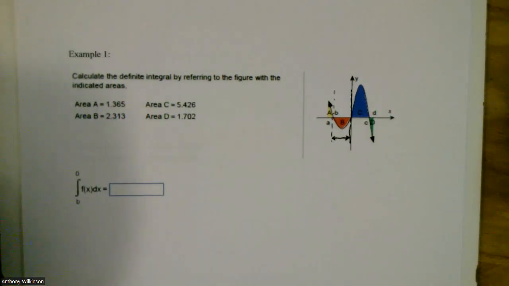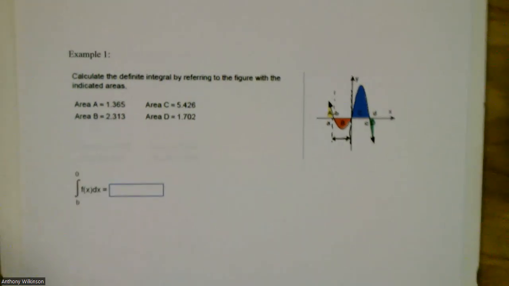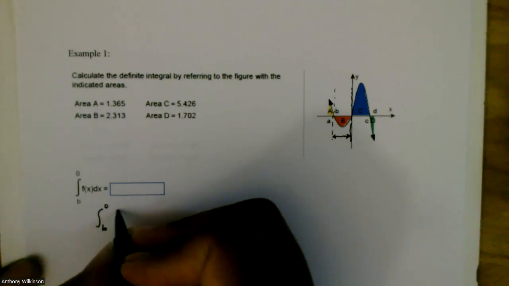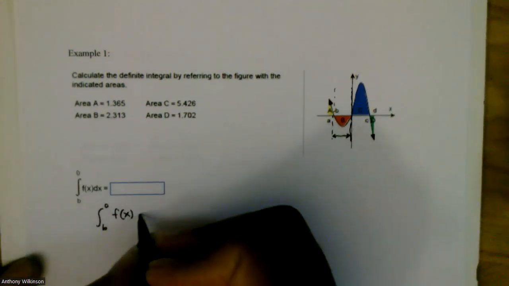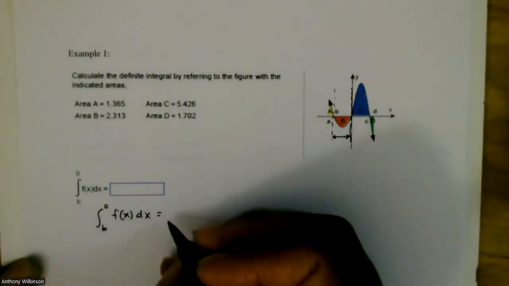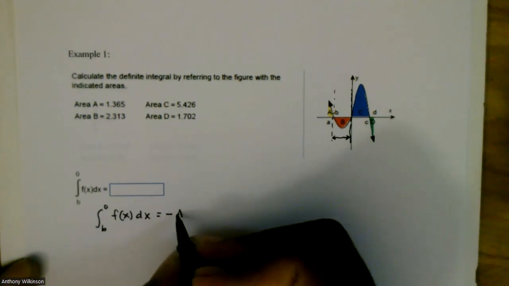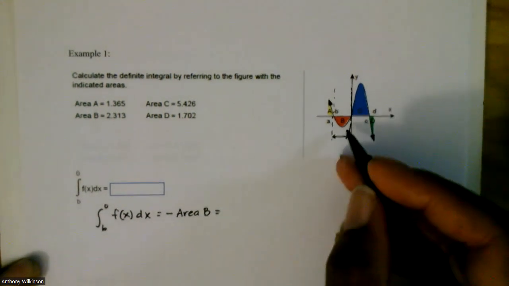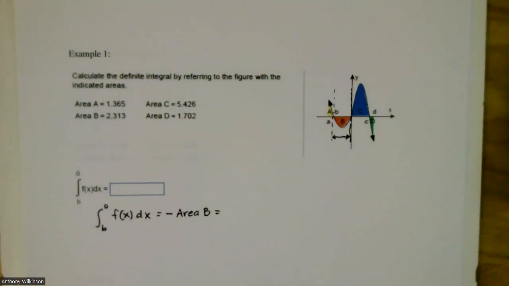So that means the area for B will be negative. In this case, I will rewrite this: the integral from b to 0 of f of x dx is going to be the negative of area B, because area B is below the x-axis.